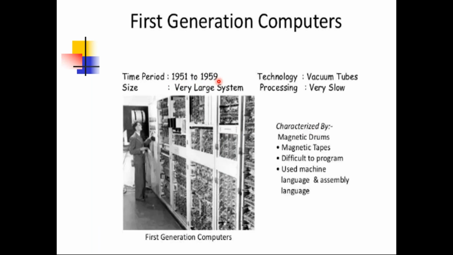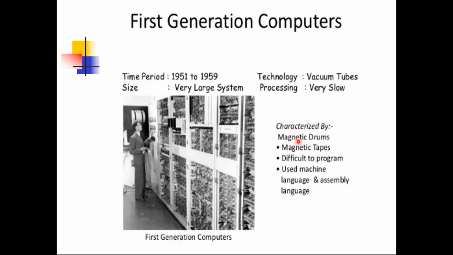It was a very large system, more than room size, and it was prepared with the help of vacuum tubes. To transfer data, vacuum tubes were used, and the processing was very slow. It doesn't mean the processing was not happening; it was happening, but very, very slow.